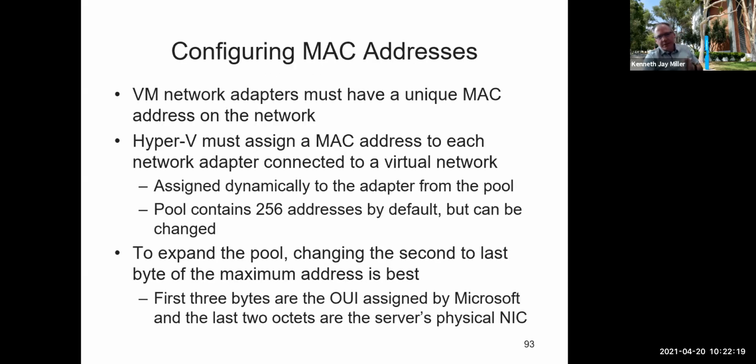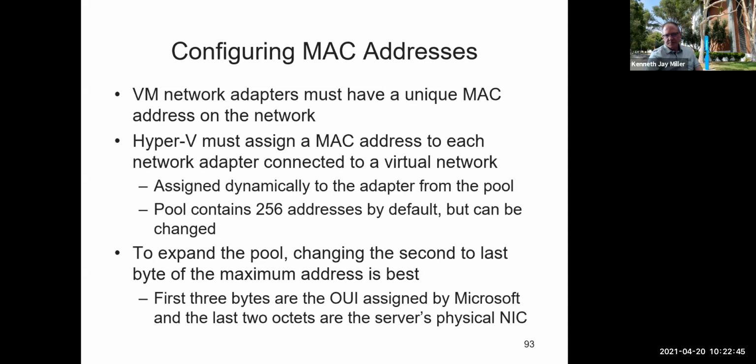All right, with the MAC address, Hyper-V will assign a MAC address to every network adapter. In Hyper-V, the pool contains 256 addresses, but you can make it more if you wanted to. Basically, it's saying on your host machine, you're not going to have more than 256 unique network cards in your virtual environment.